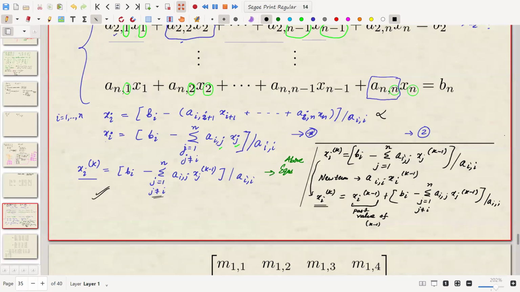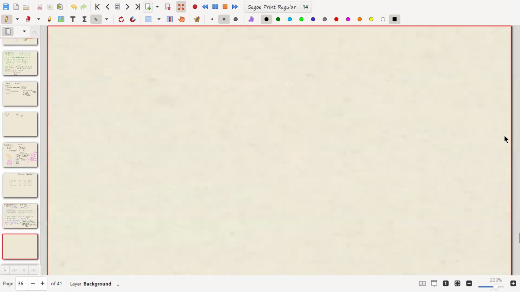This is just the way I'm telling you how to approach this. Otherwise, you can think of this as something else. You can say x_i at the kth iteration is equal to x_i value at the past iteration k minus 1th plus some correction. What is that correction?